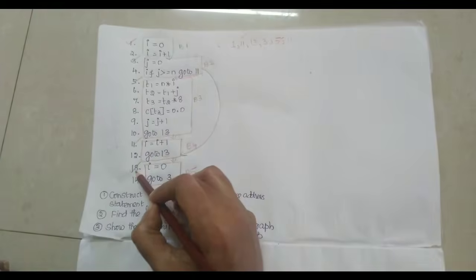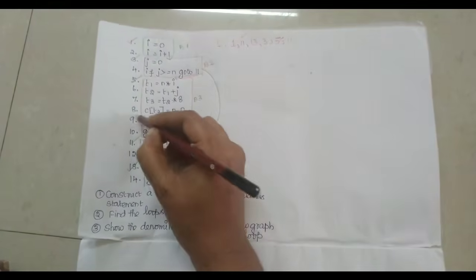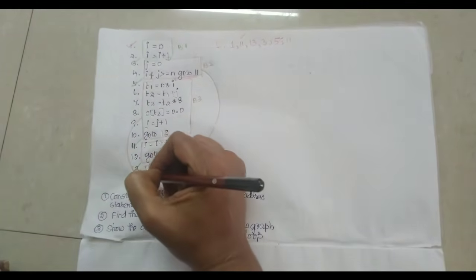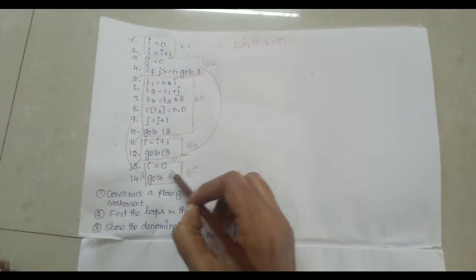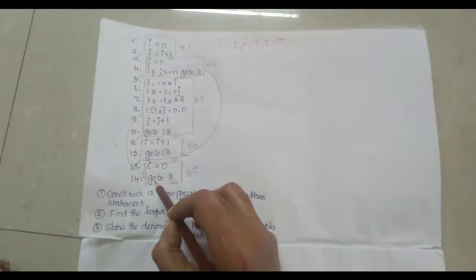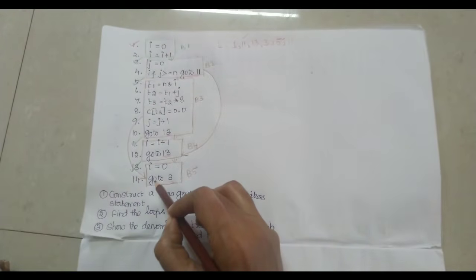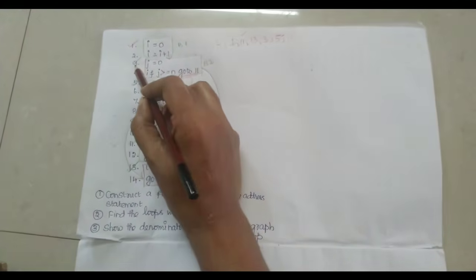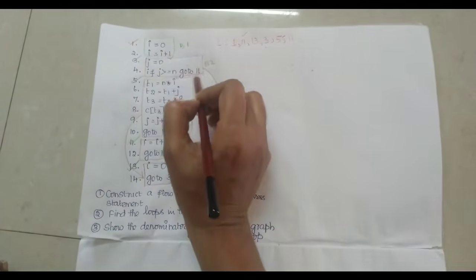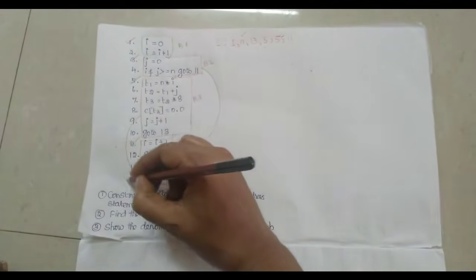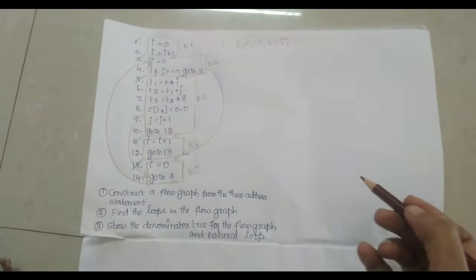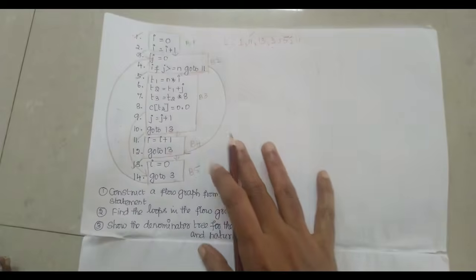The 13th statement is included in basic block 5, so here there is a control flow. And from basic block B5 there is a flow to 3. The third statement is included in basic block 2, and hence we can draw a flow from basic block 5 to basic block 2.